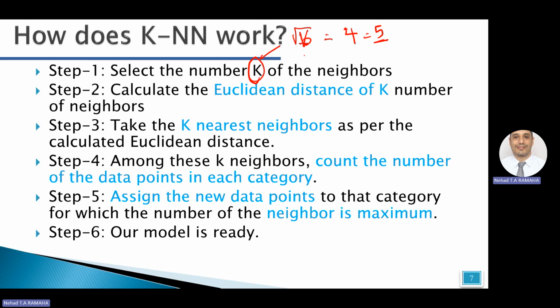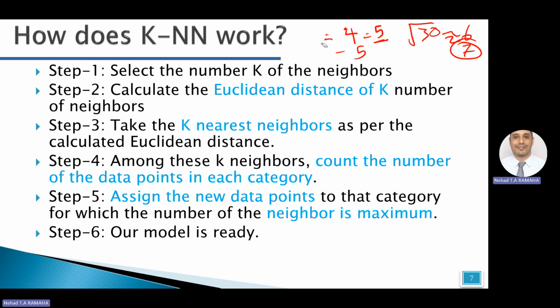If we have 25, we will take it as 5. If we have 30, it's almost 6, the root, because we will take a specific number. So we will take 6 or 7. It's better to be 7, and so on. It's the simplest way to identify which number we will take for K.